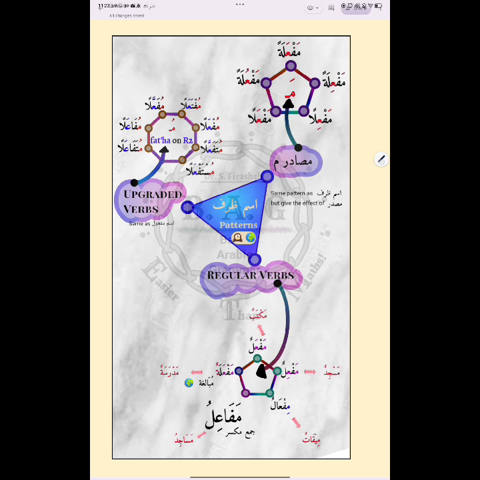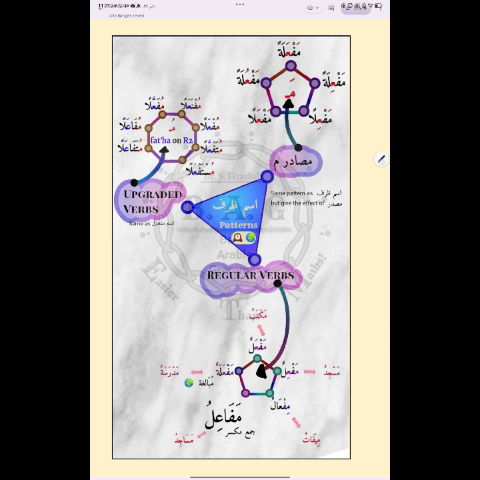It's the pattern of maf'alun. Then maf'ilun. This was alun, this is ilun. So maf'ilun is another pattern, and the example is the word masjidun, once again the place where the act of sajda happens. Once again, ism zarf makan.